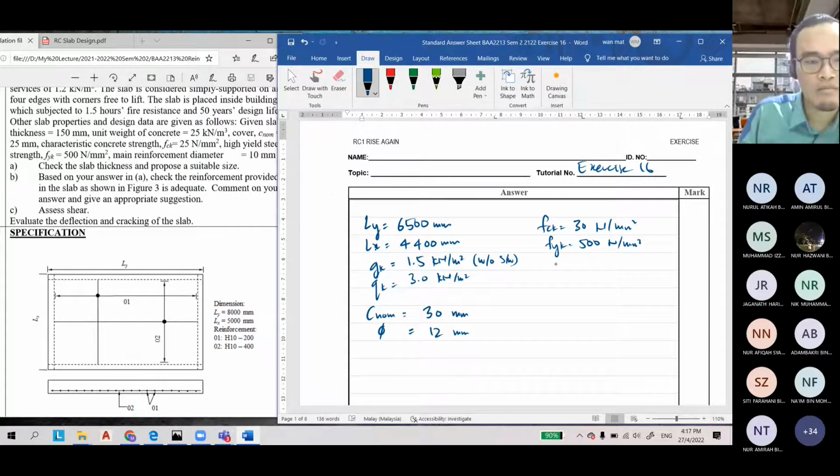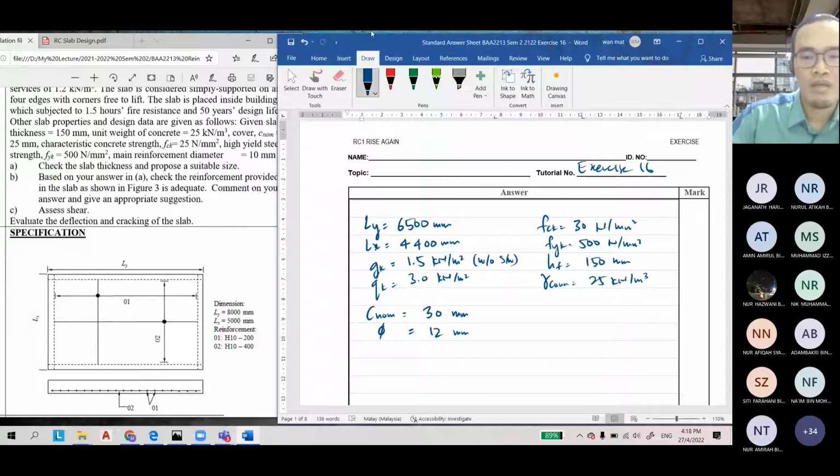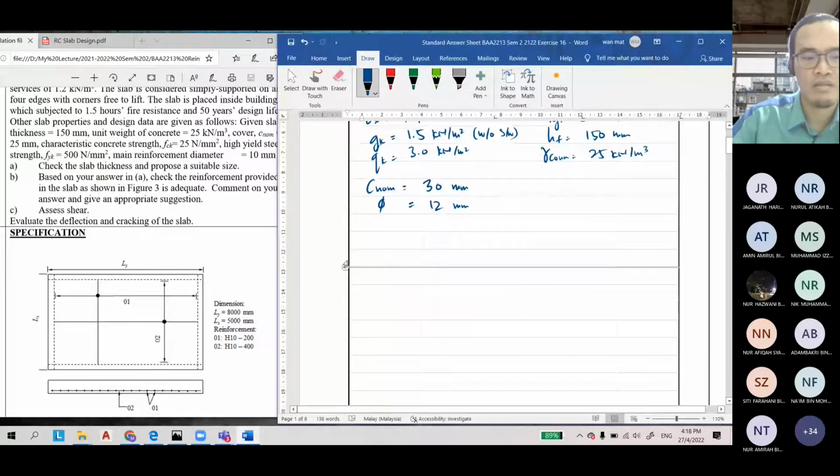And then the thickness of slab is given. Concrete density is equal to 25 kilonewton per meter cube. Okay, let us start the solution.